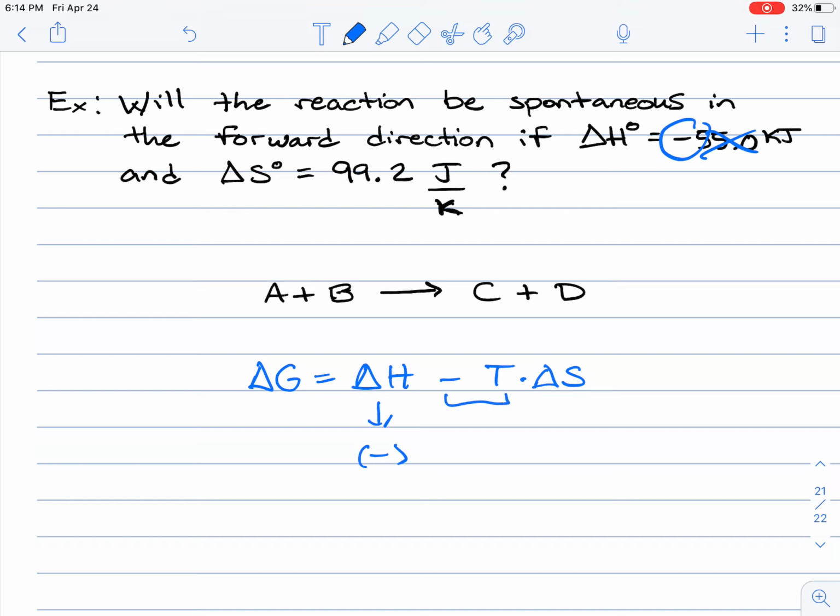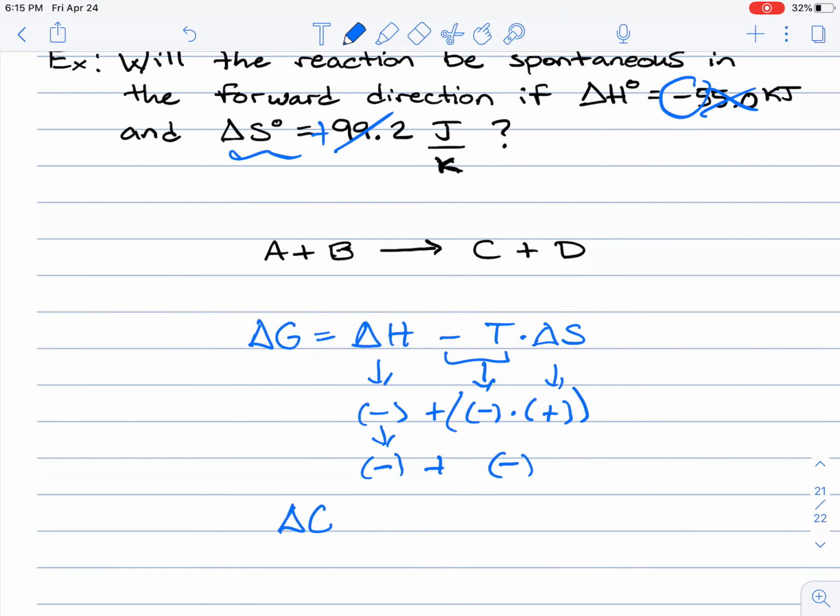So I know that this term is always going to be negative. And according to my value for entropy, it's going to be positive. I don't care about the value. And so here, if I multiply the T and the S term, the signs for the T and the S, negative times positive is negative. If I add that with another negative value, which is coming from enthalpy, overall delta G is going to be negative.